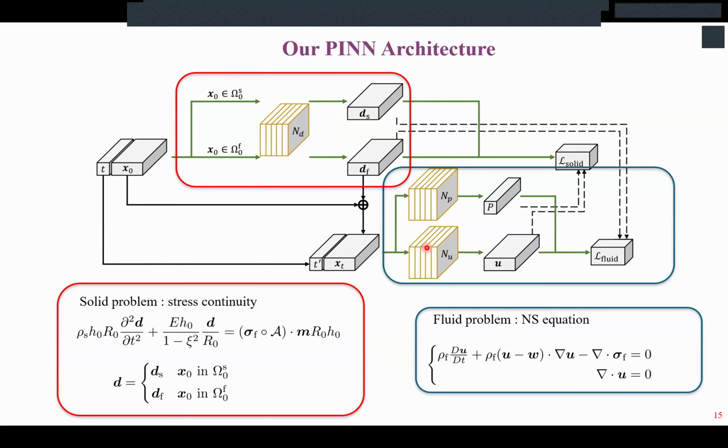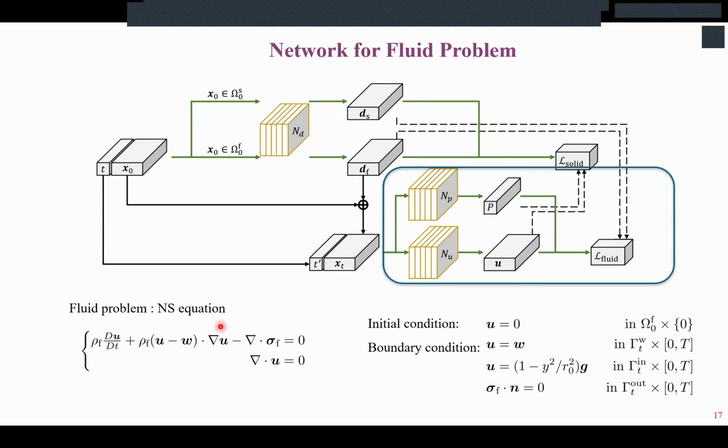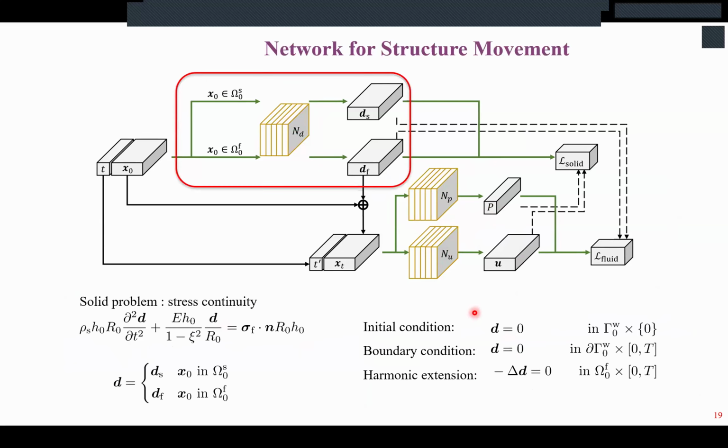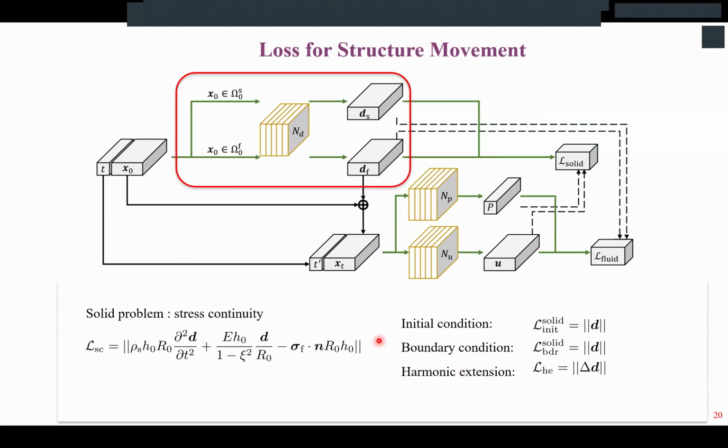N_p and N_u are used for computing the pressure and velocity respectively, and they are governed by the fluid problem. We first look at the fluid problem, which has initial and boundary conditions. We convert everything into loss functions, and then combine them later. For the solid part, for the stress continuity, we have the inlet and boundary conditions, initial conditions, and the harmonic extension. Again, we convert everything into residual form.